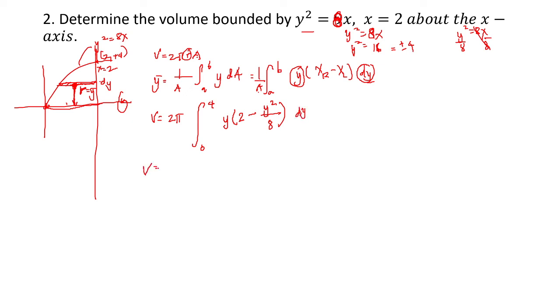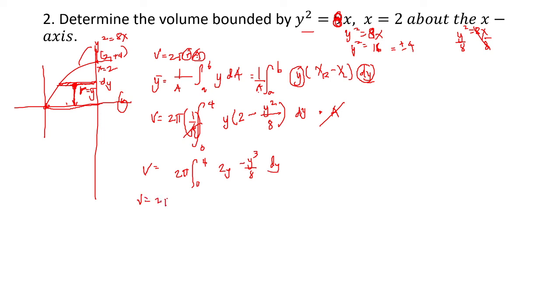The area cancels, times 1 over A, and 2 pi r is multiplied by A, so cancel, cancel. So we can integrate this very easily: 2y minus y cubed over 8 dy.